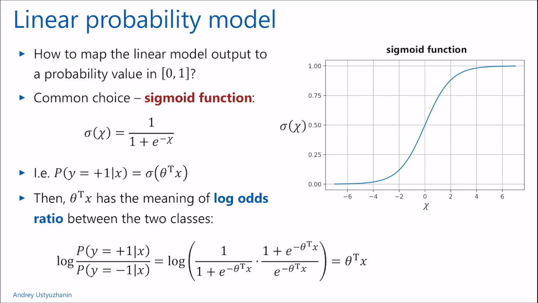Such a construction allows us to interpret the output of the linear regression as the log odds ratio between two classes. If you compute the logarithm of the ratio of two classes, you will get exactly the output of the linear regression.